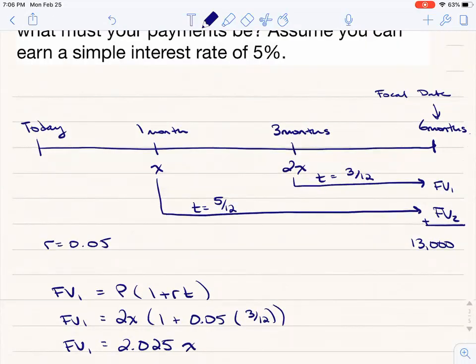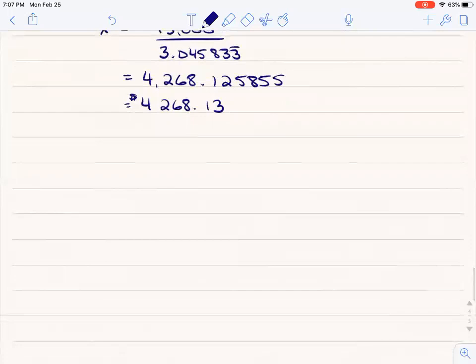Remember though, that's your payment 1 month from today, 4,200, whatever. 3 months from today, you're going to make double that. And so therefore, the payment at 1 month is 4,268.13.